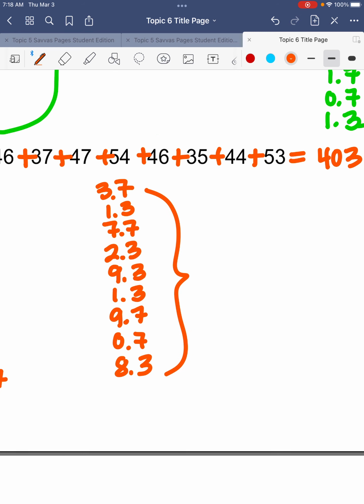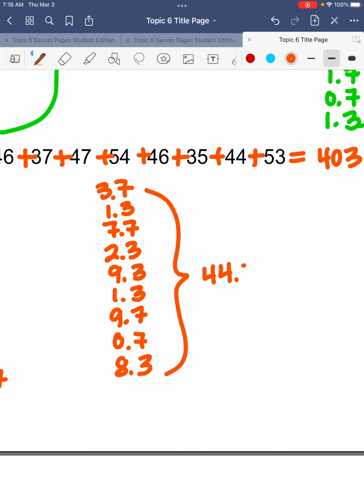So I have 3.7 plus 1.3 plus 7.7 plus 2.3 plus 9.3 plus 1.3 plus 9.7 plus 0.7 plus 8.3. When I add that all up, I get 44.3.